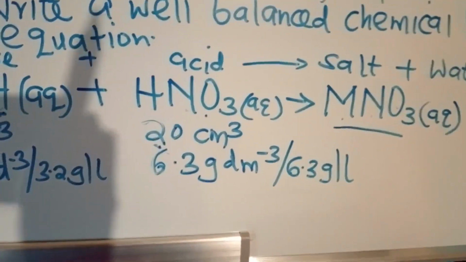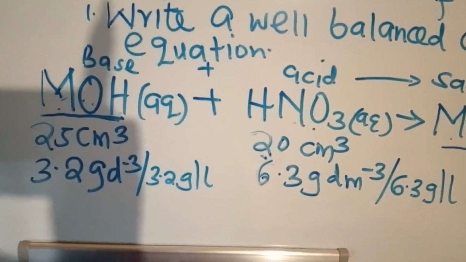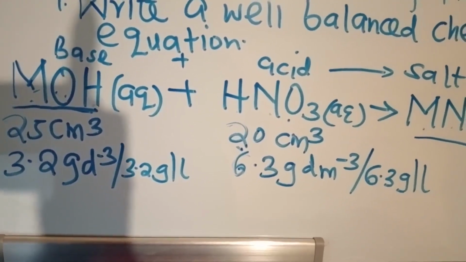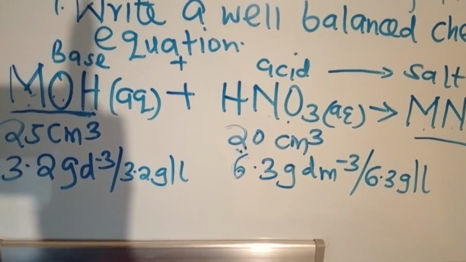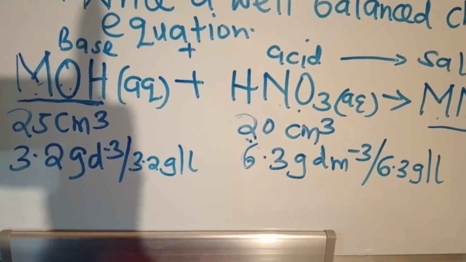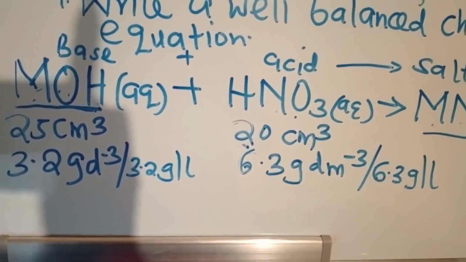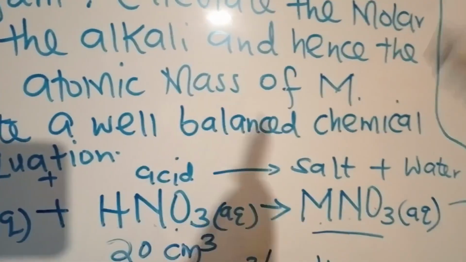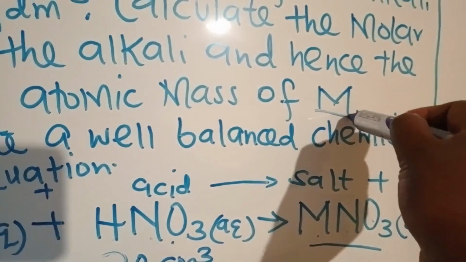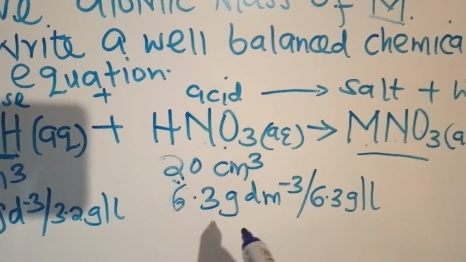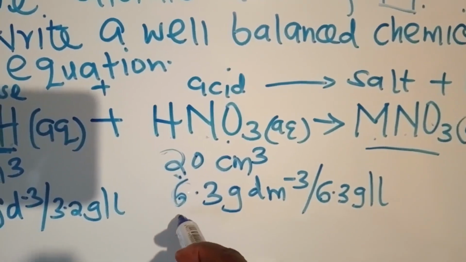So from there, we look at both of them, MOH and nitric acid. We cannot use anything of the MOH because M is not known. Actually, that is where the question is. We are supposed to get the relative atomic mass of M. So we can only start from the known.